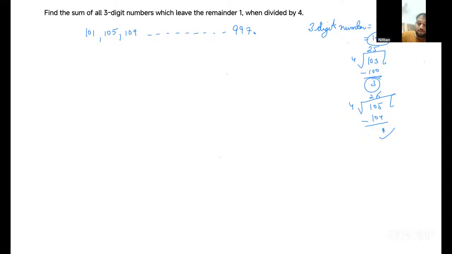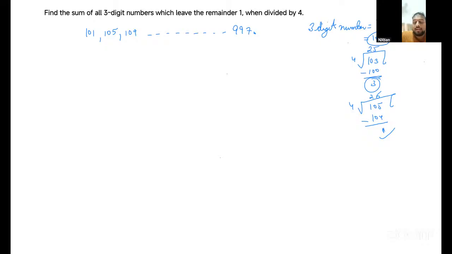Yes, Vidya, how will you do this? First, you have to find the value of n, using the formula an is equal to a plus (n minus 1) into d. Quickly solve it and give me the answer. Yes, Simi, what is an? an is the last term. You have to find the value of n, like at which position an is coming.